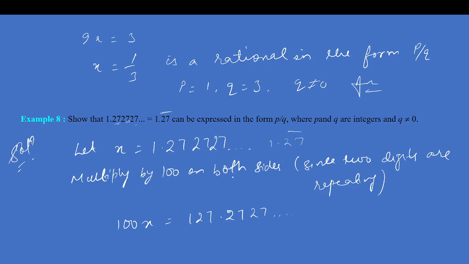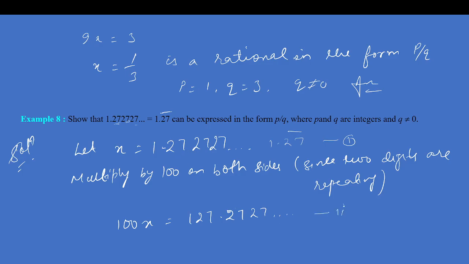Since two digits are repeating here, 27 is repeating, multiply both sides by 100.